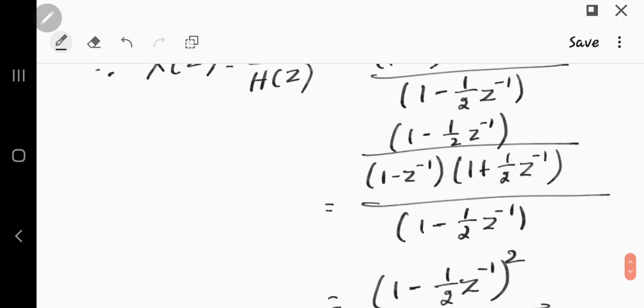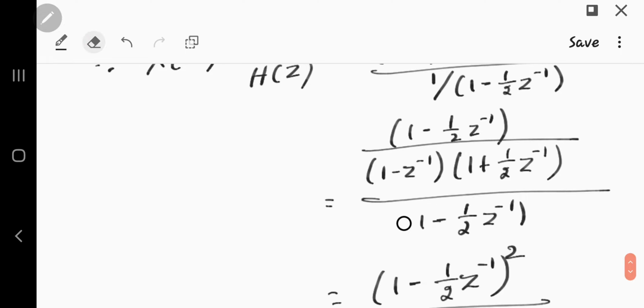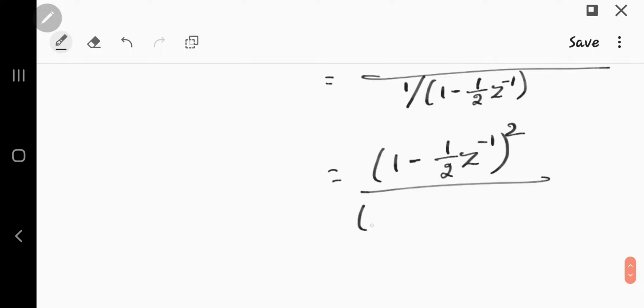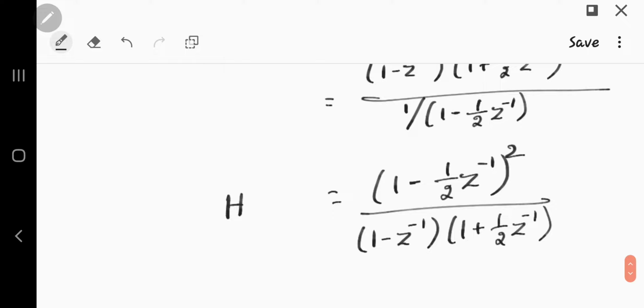And here one more thing, this is 1 divided by 1 minus 1 by 2 z inverse. So that's my mistake here. So 1 divided by 1 minus 1 by 2 z inverse will go to the numerator, and in the denominator we will have 1 minus z inverse and 1 plus 1 by 2 z inverse. Okay, so this is the expression for h of z.